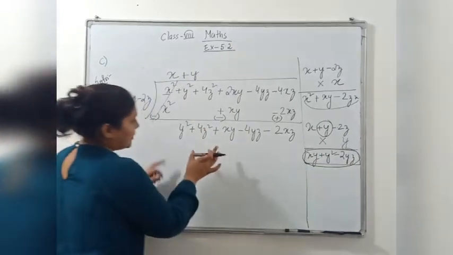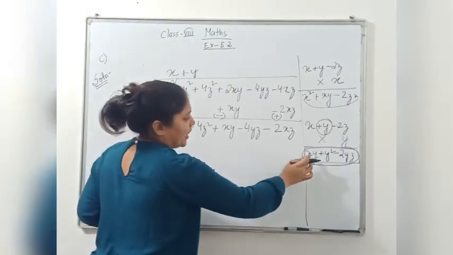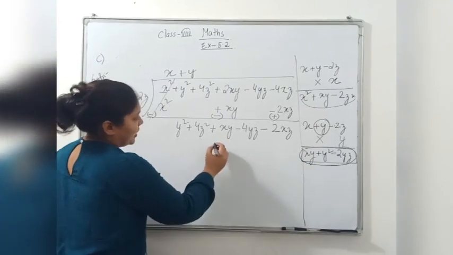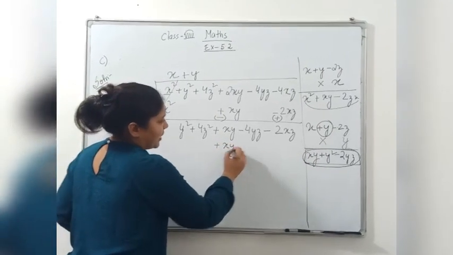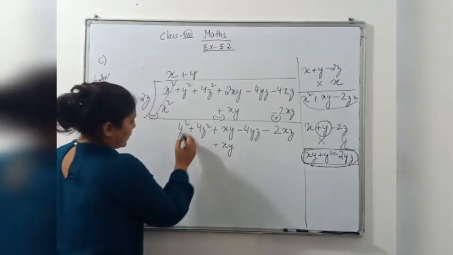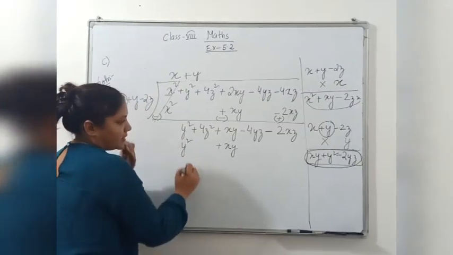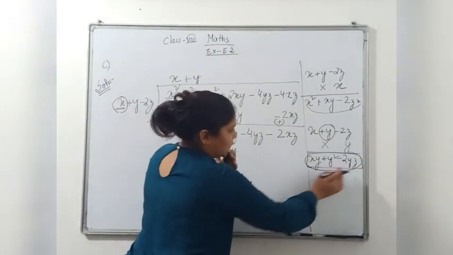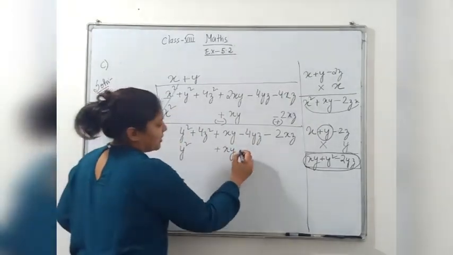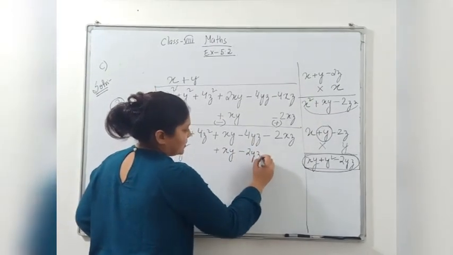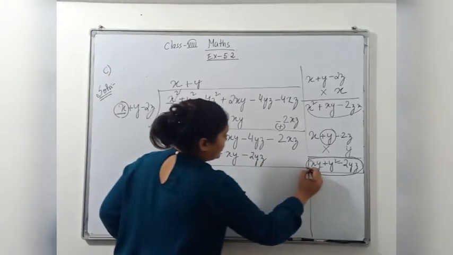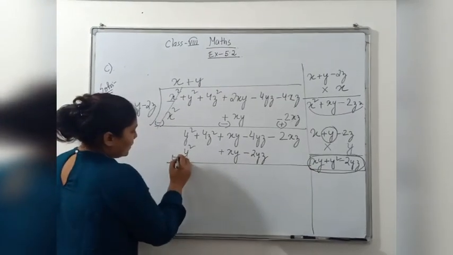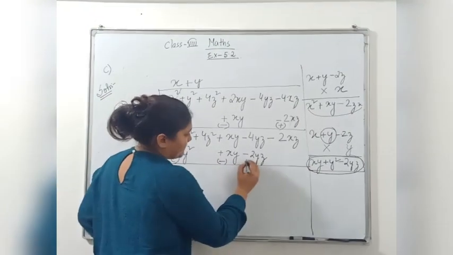Now we will place this variable here. Okay? Now xy. Where is our plus xy? Here. So we are placing here xy. Then plus y square. We will place y square here. Clear? Then what? Minus 2yz. Where is yz? It is here. Minus 2yz. Now we are going to change the sign first.